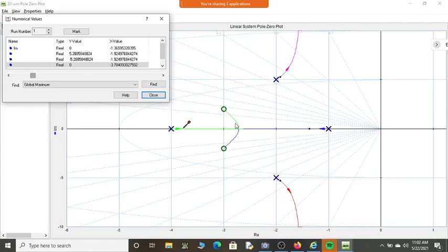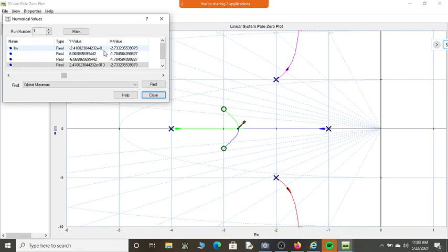So give me the breakaway point, and as per this it has to come somewhere here. Shall I just find the approximate breakaway point? The approximate breakaway point is somewhere here, around -1.9.